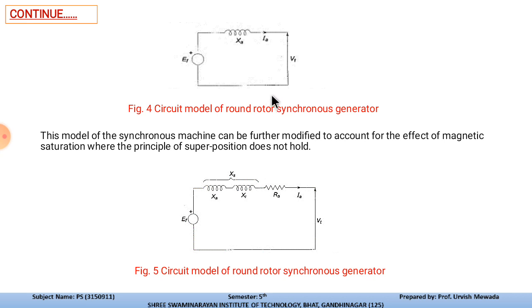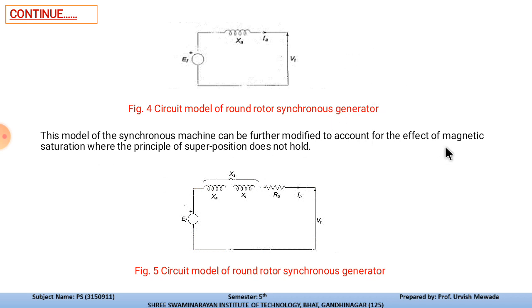Here we can give one example: if we have a block of 1 meter by 1 meter by 1 meter, it has the capacity to accommodate a certain amount of flux lines. If we increase the field winding current further, that block will get saturated.